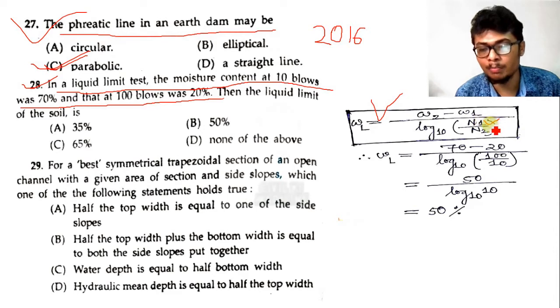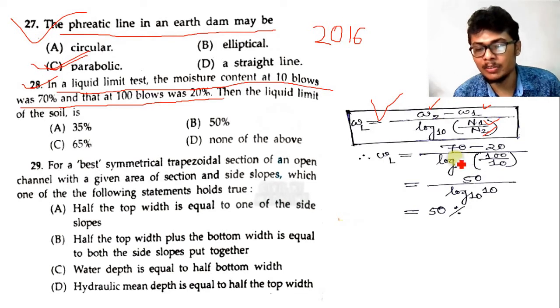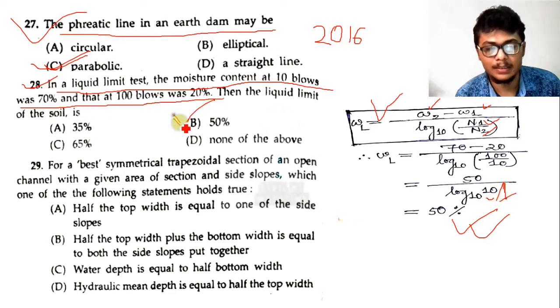N1 is the number of blows corresponding to water content W1 and N2 is the number of blows corresponding to my second water content W2. Now put the value: 70 minus 20 by log 10 of 100 by 10, that will be log 10 of 10, that is 1. Okay, that means answer will be 50%. Therefore, correct answer is B.